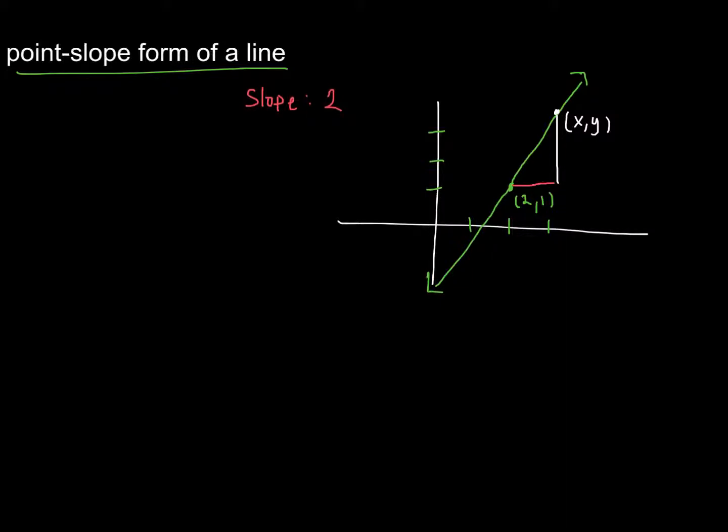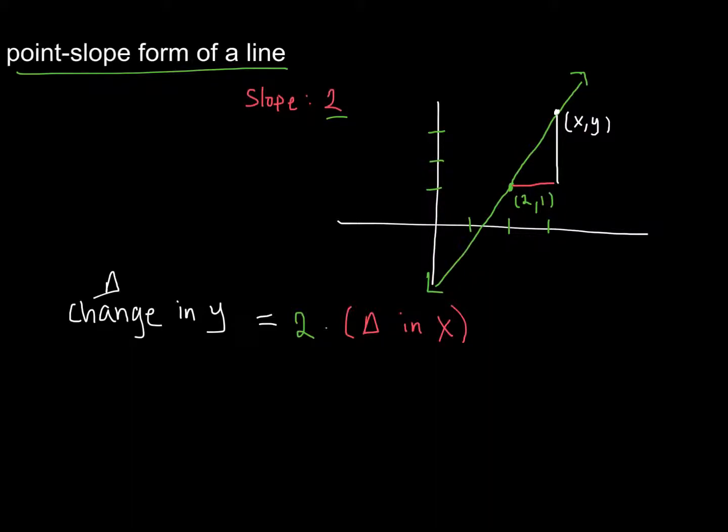Okay, so just to write this out, what we have is that our change in y, and sometimes you write change as this delta sign, change in y is equal to the slope, I'll put the slope in green here, times the change in x, or delta x. And so let's really consider what this means.